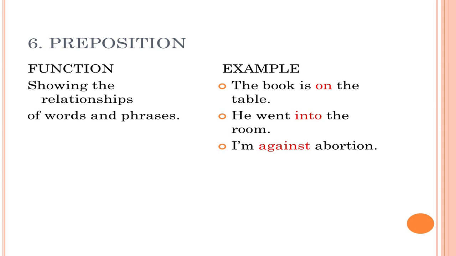And so prepositions show relationship between two or more words. I am sure you can think of more examples of prepositions. And when you think of more examples, try to look at the relationship they show in their usage.